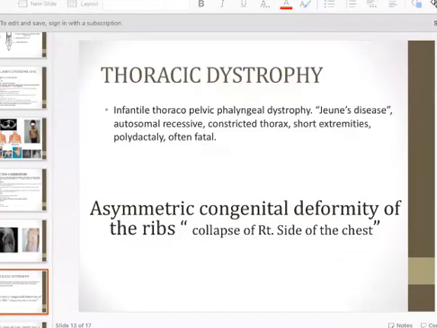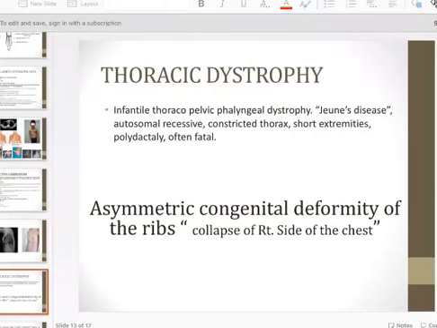Another anomaly we have is what we call thoracic dystrophy. This is an infantile thoracopelvic and pharyngeal dystrophy, with the thoracic, pelvic and pharyngeal all involved. This is what we call Jeune disease. It is autosomal recessive, with a constricted thorax and short extremities with polydactyly.